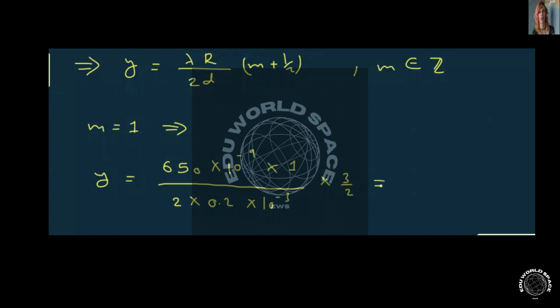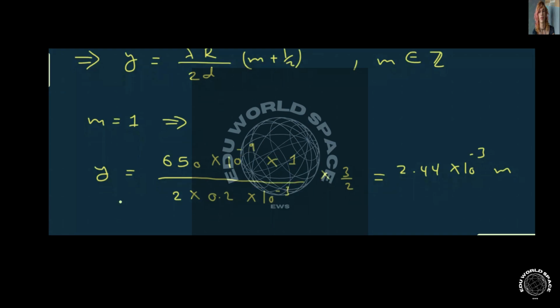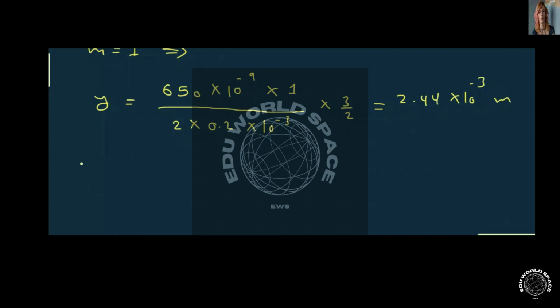And now y is equal to 2.44 times 10 power negative 3 meters, or 2.44 millimeters. This is for part F.